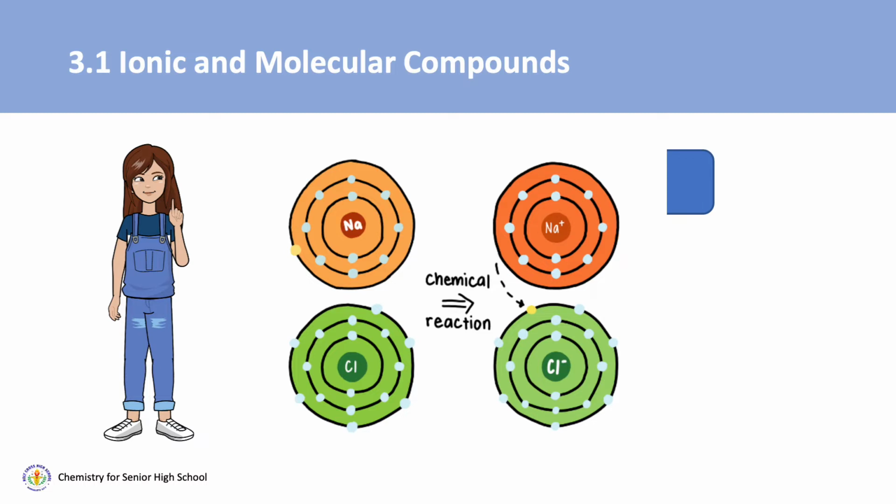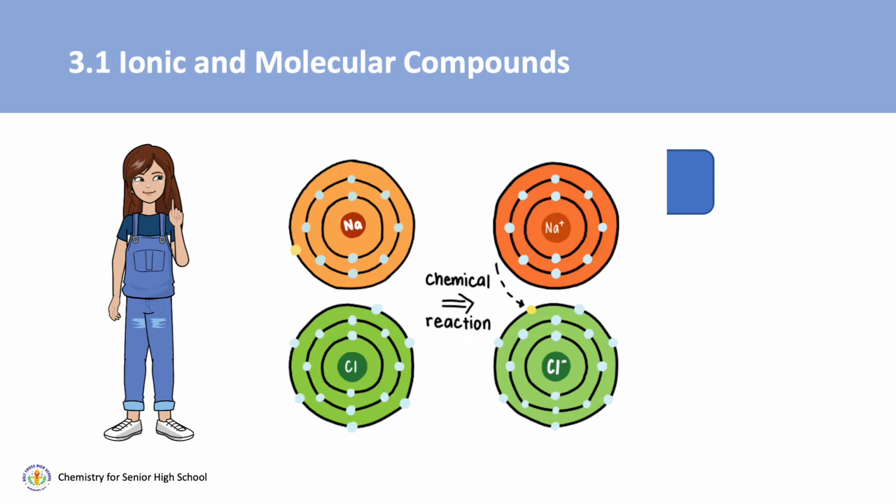Na, or sodium, has one positive charge, while Cl has one negative charge. One positive charge and one negative charge equals zero. Therefore, it is an ionic compound.